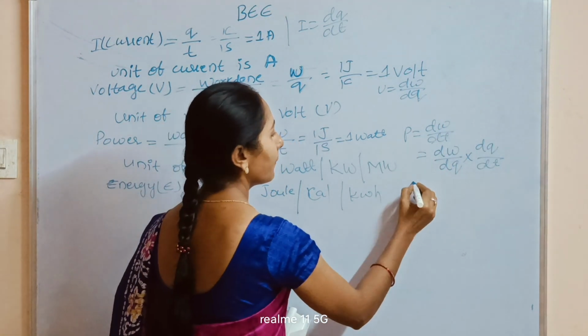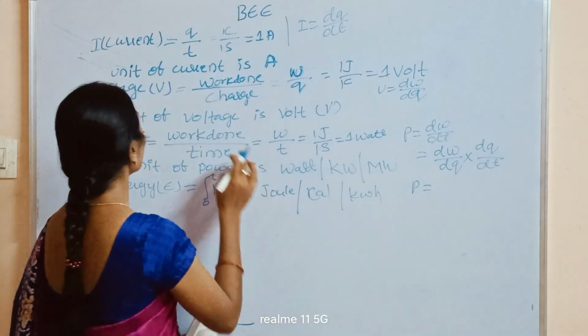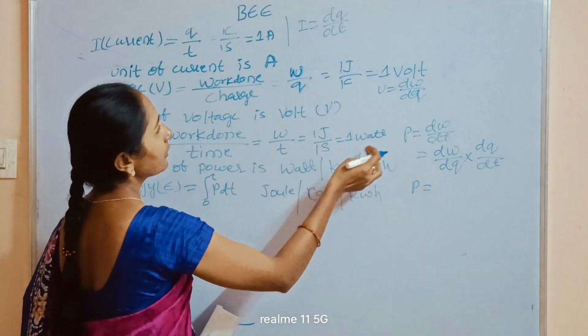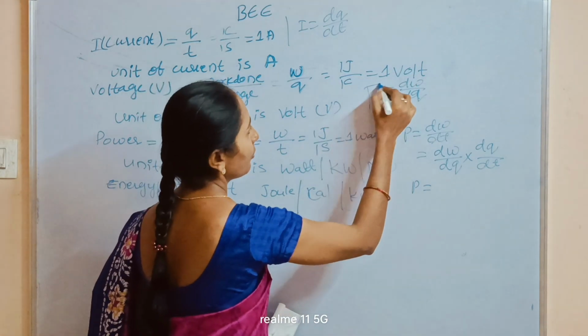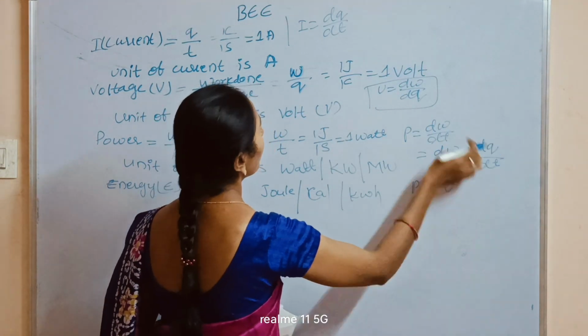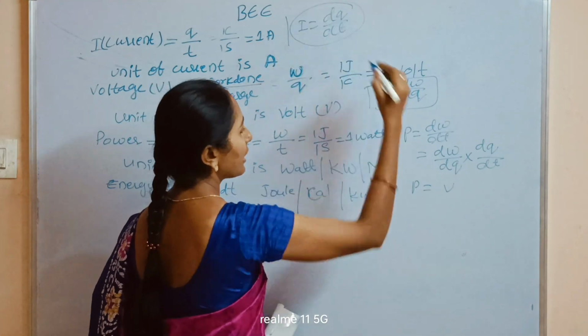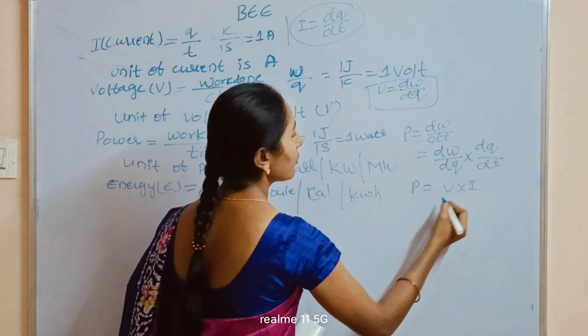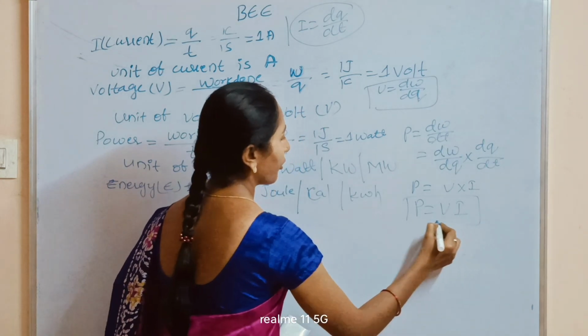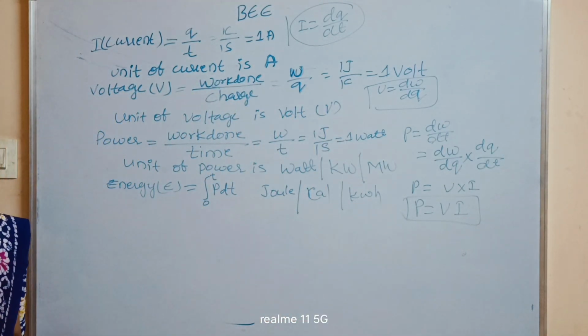Now dW by dq is nothing but voltage, and dq by dt is nothing but current. So power P equals V into I, the product of voltage into current.